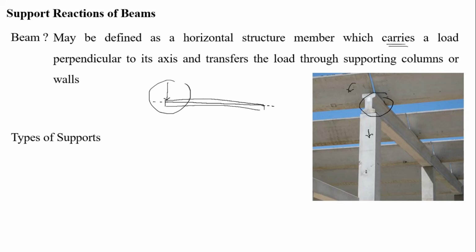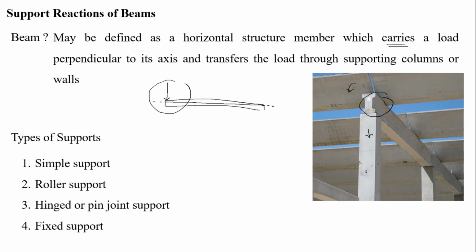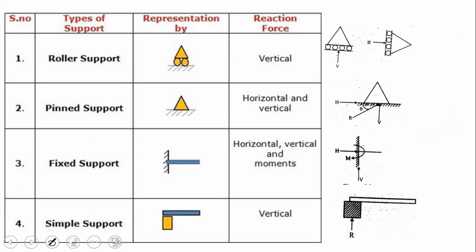And types of supports: simply supported, roller supported, hinged or pin joint support, and fixed support. So, the types of supports are divided into 4. Now, these are the symbols by which the supports are represented, and the corresponding reaction forces.